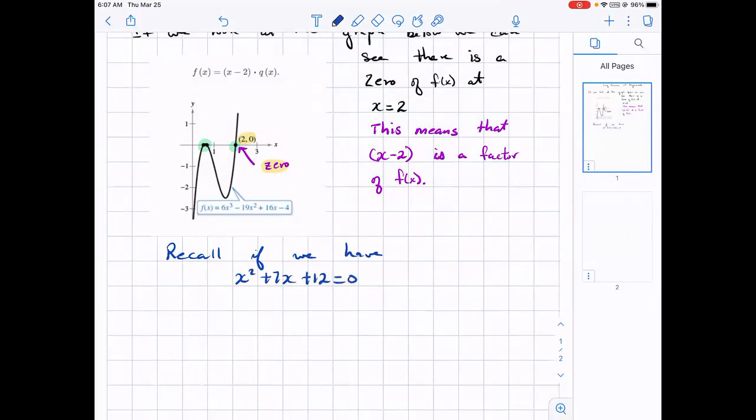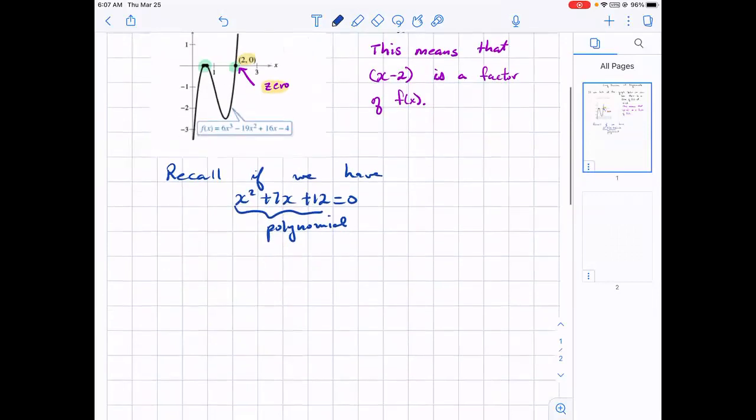If we have this polynomial, this polynomial can be factored. If we factor this, we'll get x plus 3 times x plus 4 equals 0.